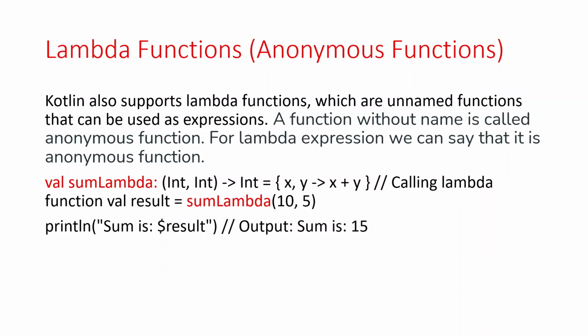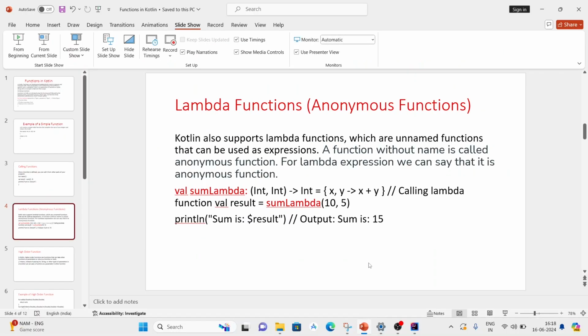Like we have created one val sum lambda, and it takes two parameters of type Int, a and b, and it returns Int, and we have passed it two variables x, y, and this is the body of the function, x plus y. We have stored this function inside one variable result and passed the two parameters 10, 5, and the output of this is sum is 15. Let's understand it by doing one practical.